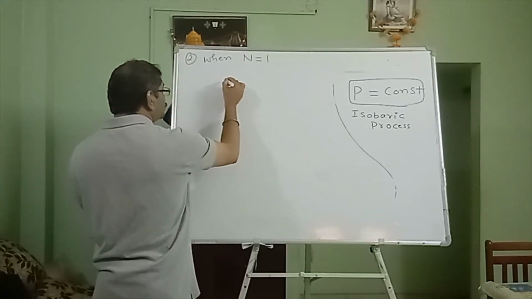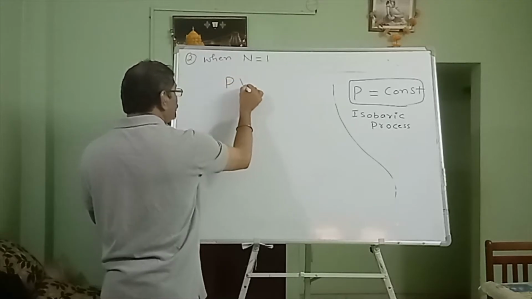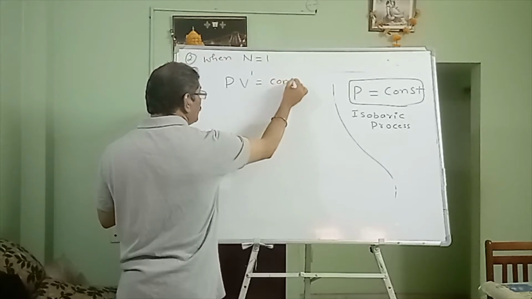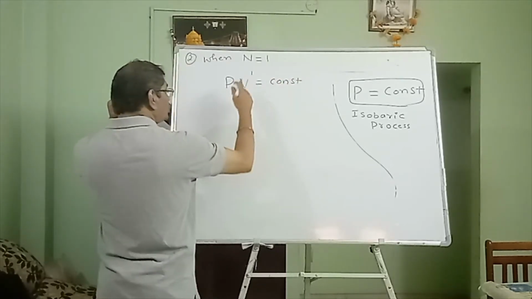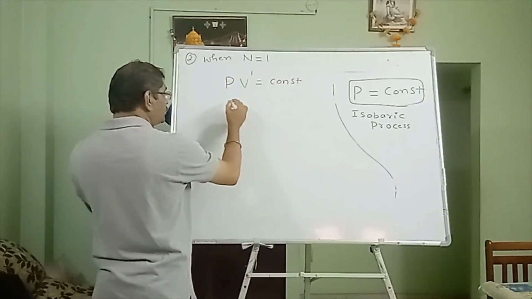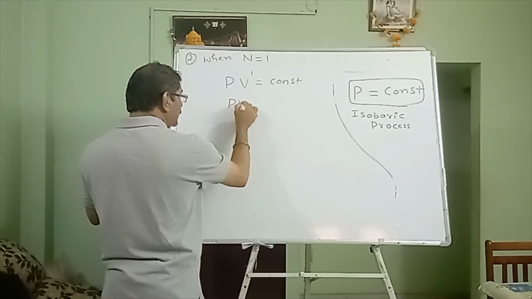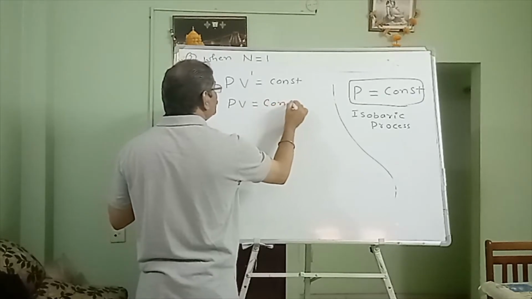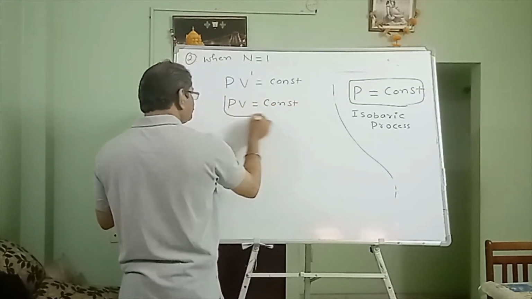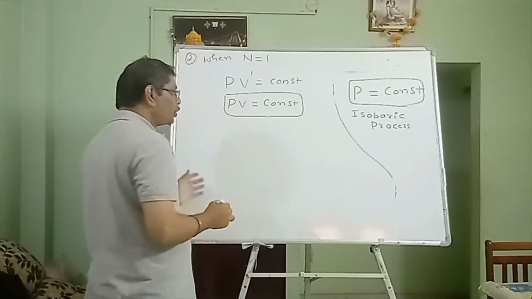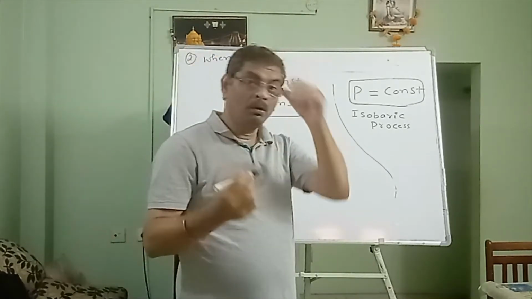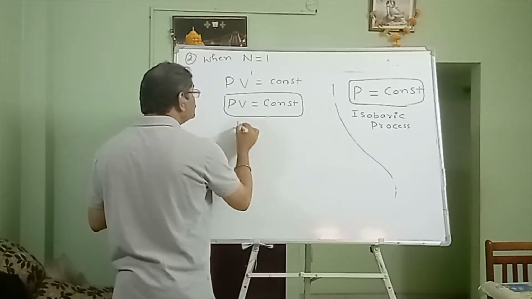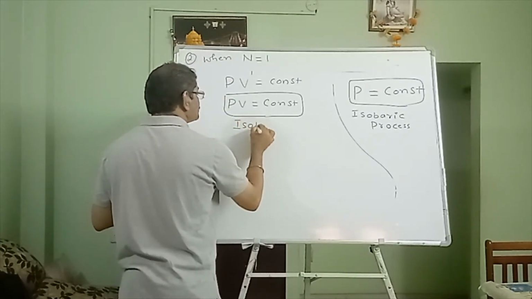So PV^1 equals constant, and V^1 is V, so we get PV equals constant. You already know that PV equals constant is called the isothermal process.